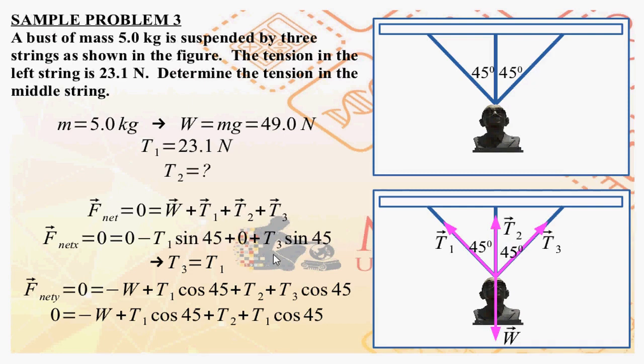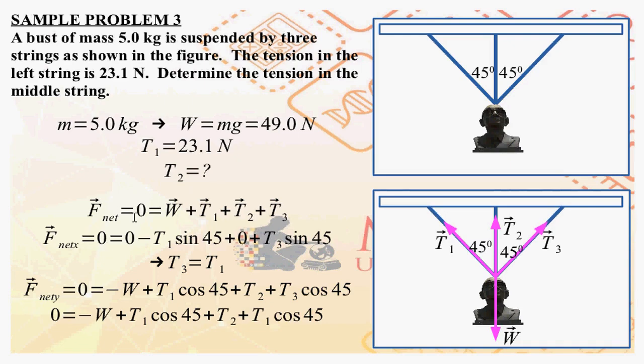So plus T3 sine 45. The X component tells us that the magnitude of T3 is just the same as the magnitude of T1. And we know T1 to be 23.1 Newton. So we got an answer for the X component, but it is not what we are looking for. What we are looking for is T2. So we move on to the Y component.